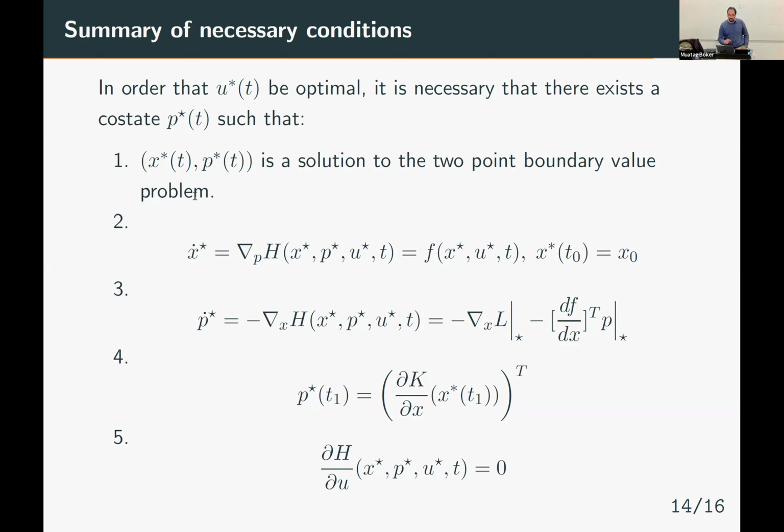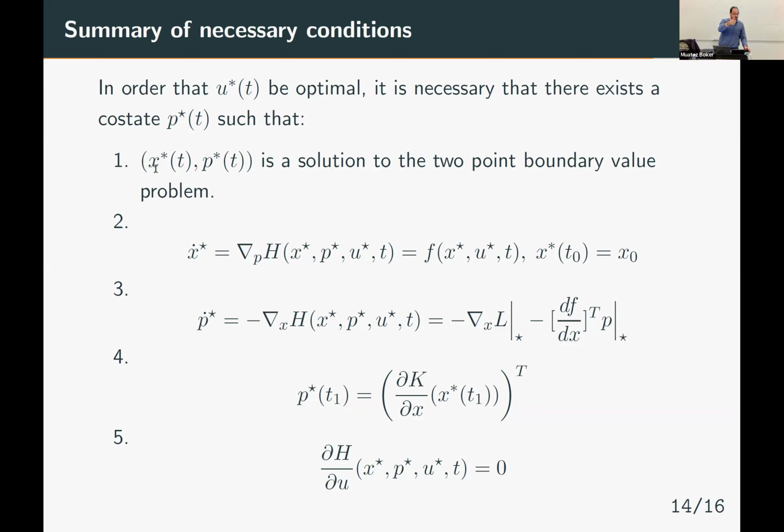Why is this called a 2-point boundary value problem? Can anybody tell me why? Maybe I'll jump here just to save time. Because X star satisfies X star dot equal to a function of X star, with the initial condition X star at T naught is X naught.